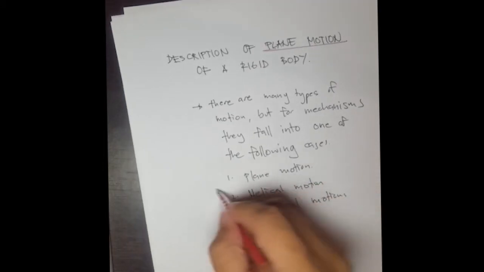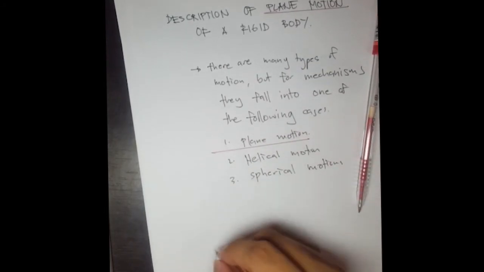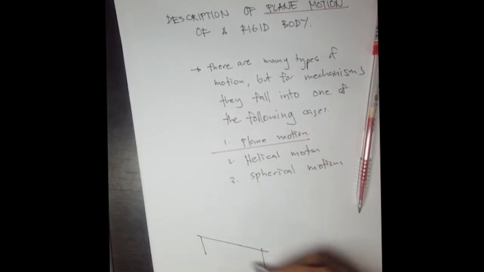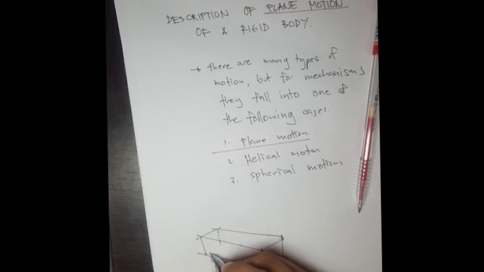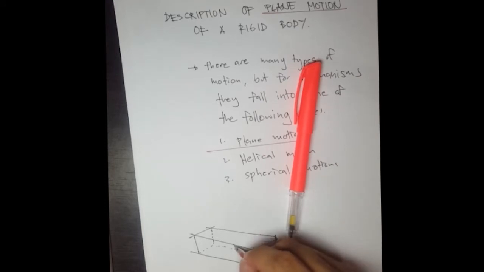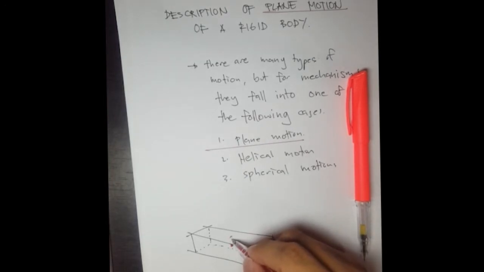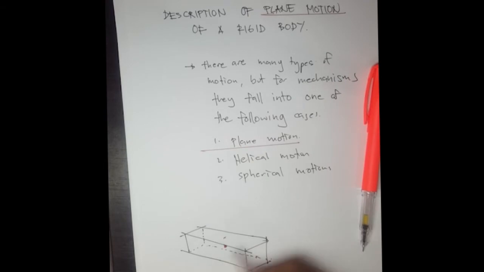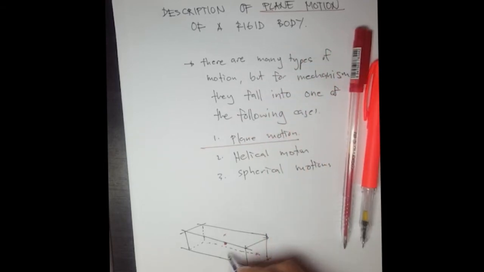rigid body. So when you say plane motion, for example, we have this rigid body here. This is the center of mass, or mass center.